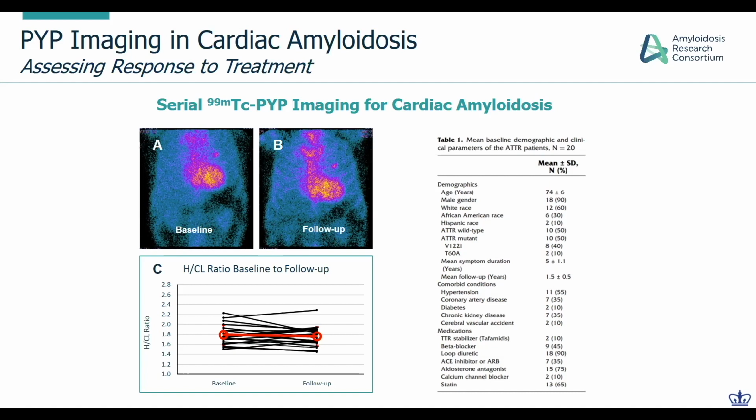Only 2 were getting a TTR stabilizer, and none of the other patients were getting treated for TTR cardiac amyloidosis, except they were getting their other treatment for heart failure. And we found no significant difference between the baseline and follow-up imaging in these patients. But they all, to start with, had a grade 3 visual score and a higher heart to contralateral ratio. So they were not early disease patients.